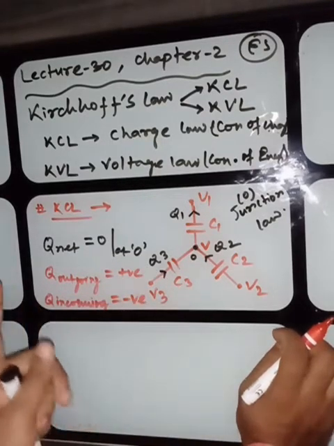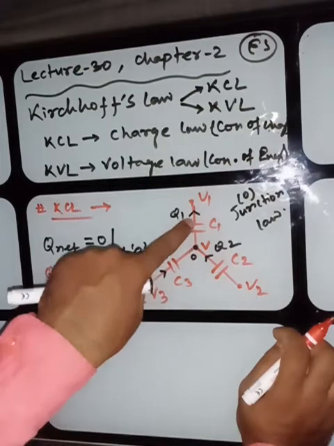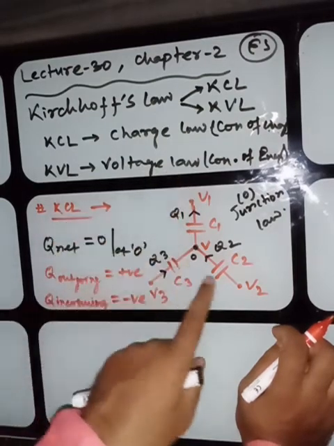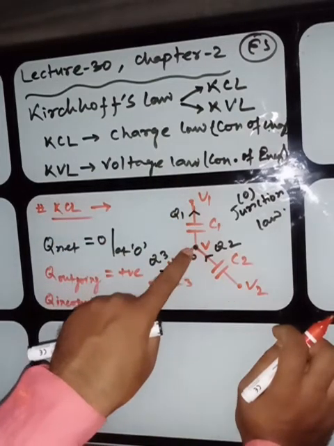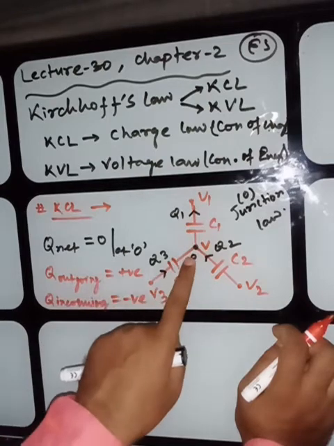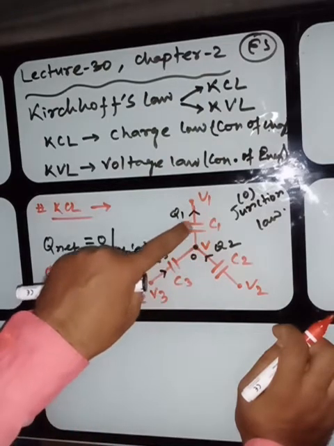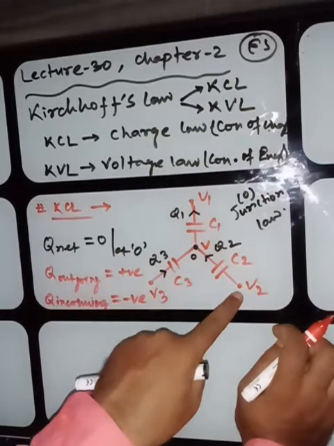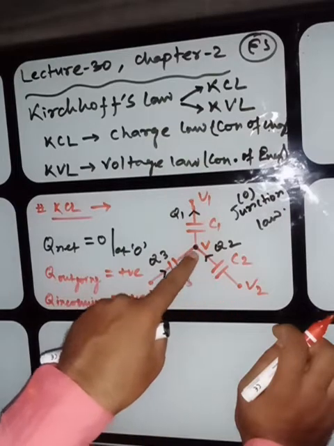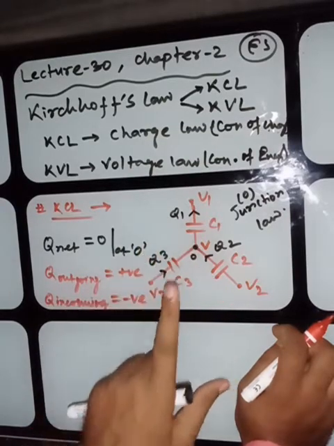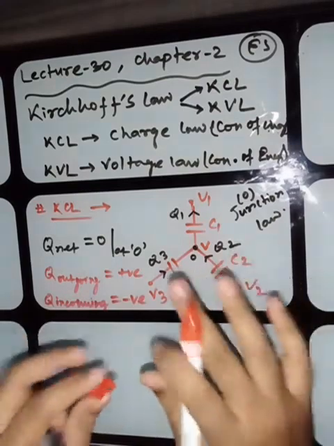If charge is going from this junction and you are taking as positive, then if any charge is coming to this junction must be taken as the negative. If you are taking this charge as negative, then this charge will be considered as positive. This is assumption only. Remember, again I'm telling you, this is only assumption.